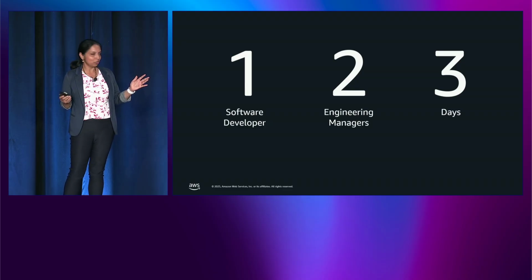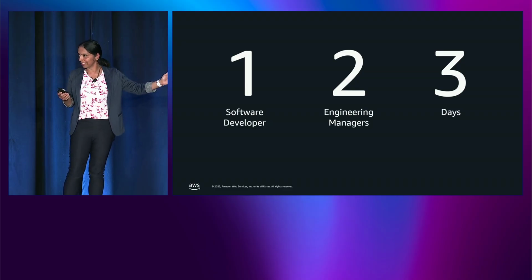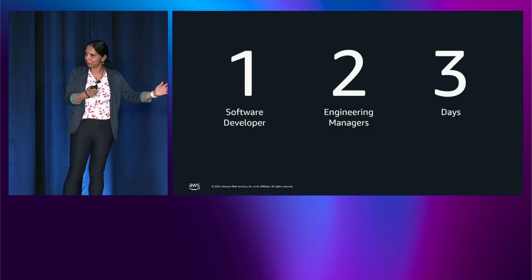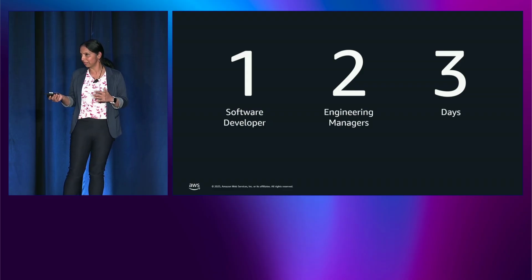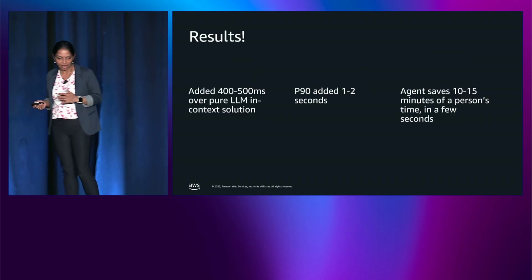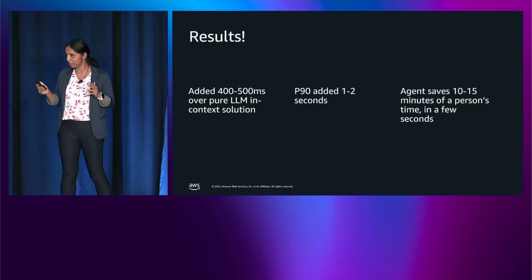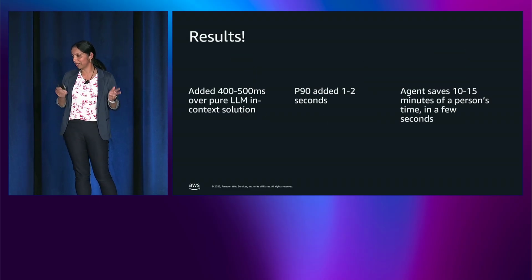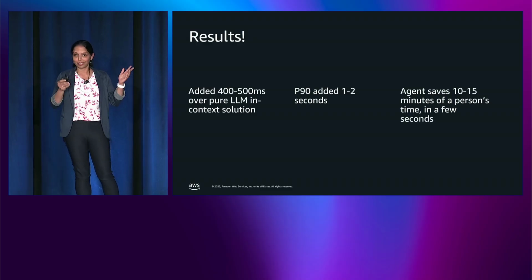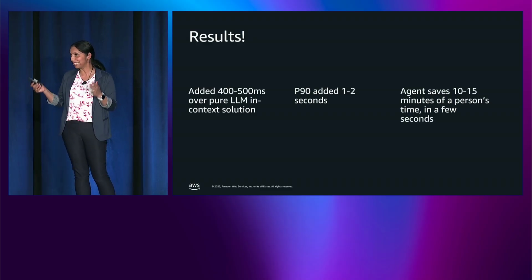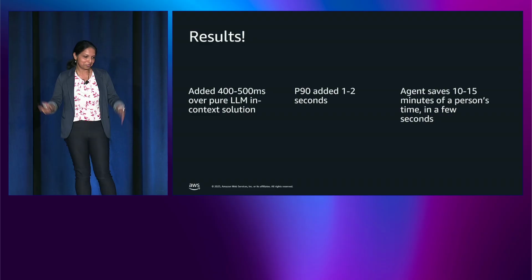How many folks can say that you can get something from POC to production in such a short span of time? That's exactly what we got with the Agent Core code interpreter. And by the way, we just went live with our solution 2 weeks back. So customers are actually using this in production, which is amazing.